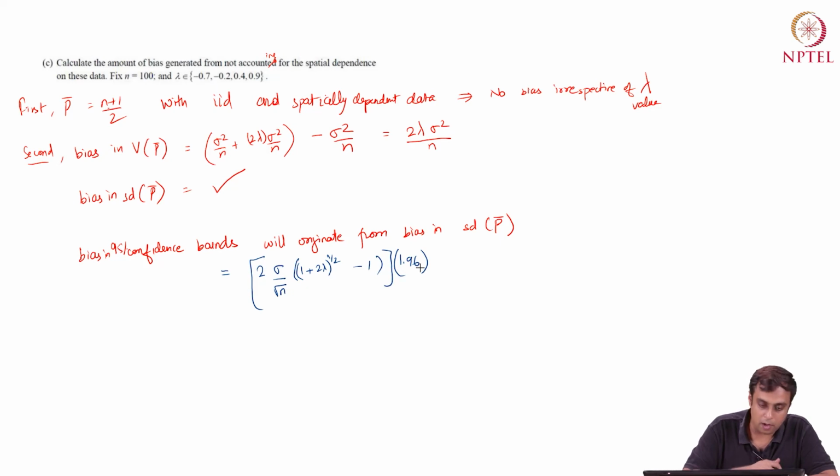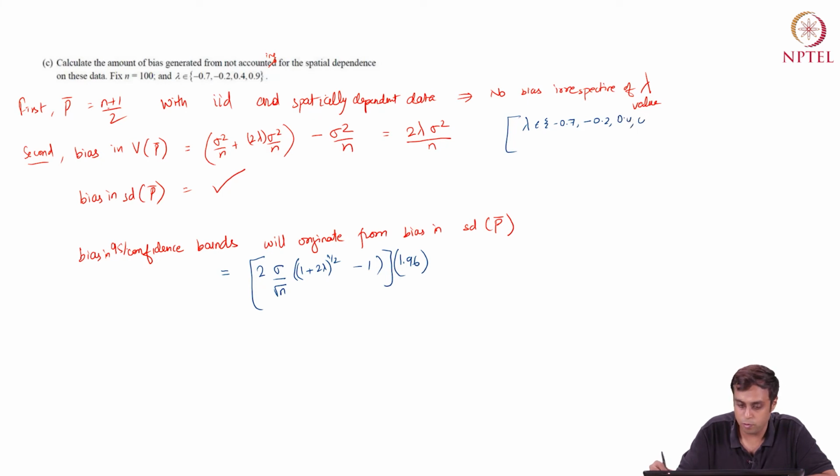Now, of course, we have asked for these values at different levels of lambda. So I can just provide this value for the case of the variance. We have lambda values of minus 0.7, minus 0.2, 0.4 and 0.9.